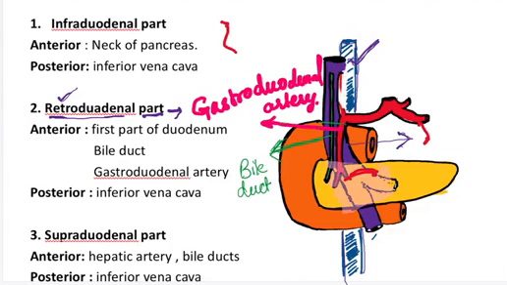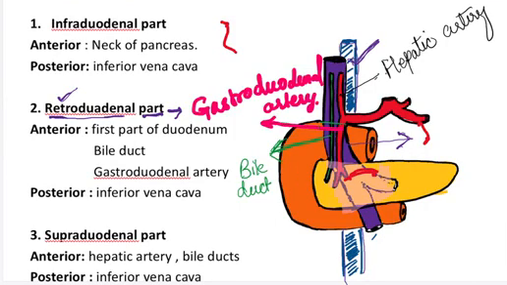The hepatic artery is lying towards the left side. So this is the hepatic artery, which is lying anterior to the supraduodenal part on the left side. And then we have the bile duct.